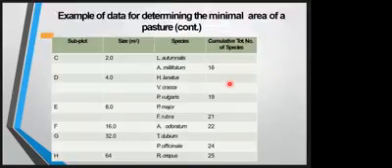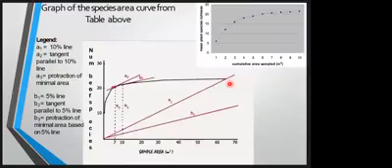Okay, here is an example of the graph of species area curve. I know this is a bit confusing, but as I give you the video on a species area curve, you will be enlightened by the video.